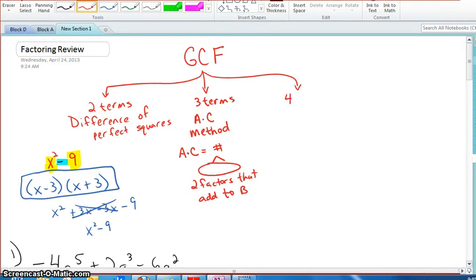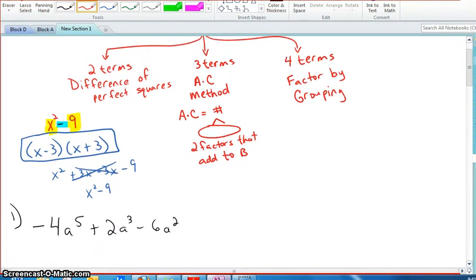If there are four terms, you're looking to see, can you factor by grouping? That means you may need to rearrange some terms to make it work properly, but you're going to try factoring by grouping. Okay, so let's do some examples.